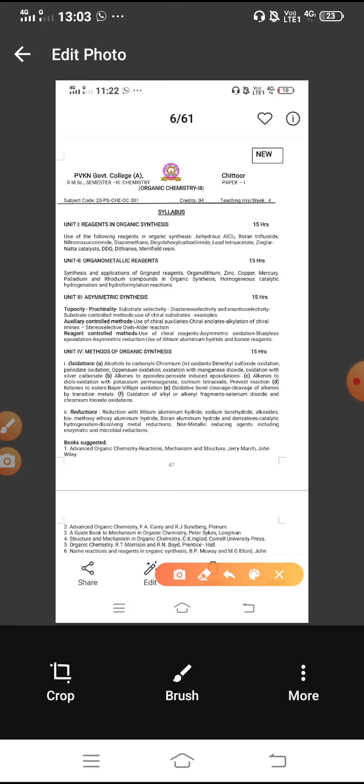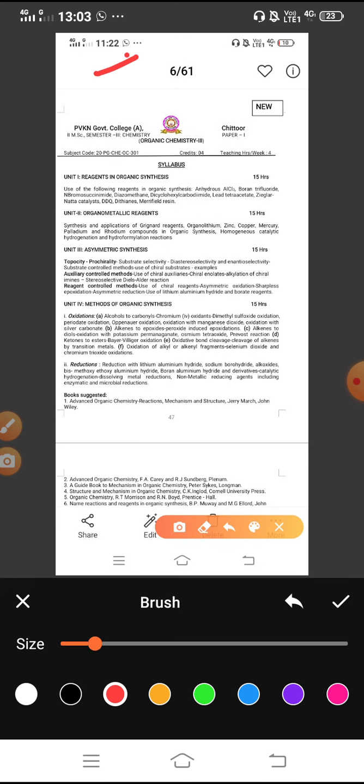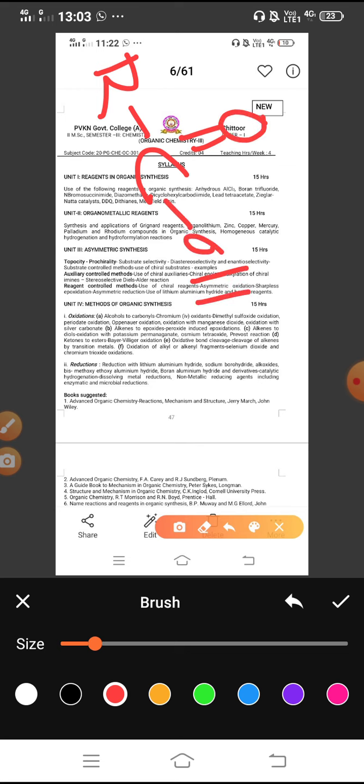DCC is mainly used for peptide coupling. What is peptide coupling? For example, RCOOH, a carboxylic acid, and ammonia NH3.